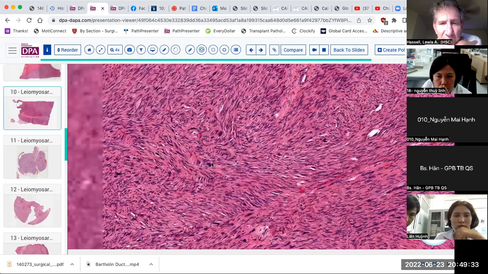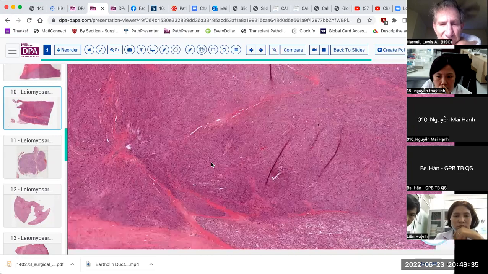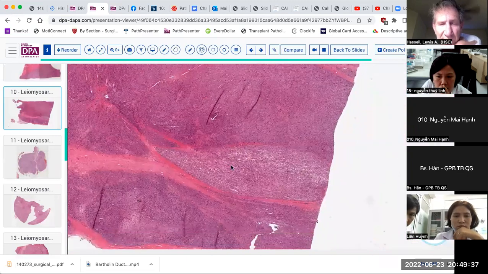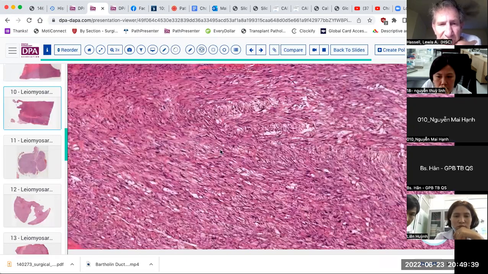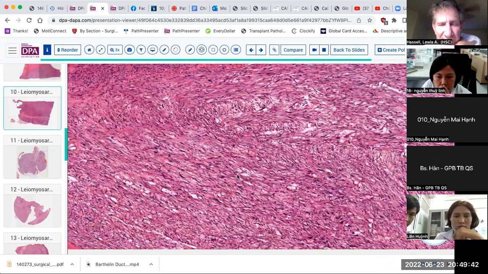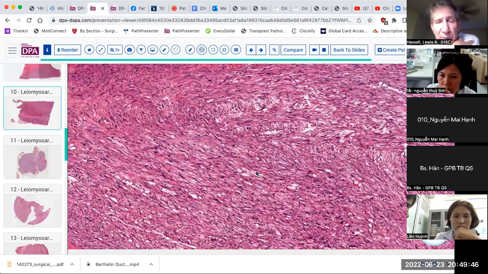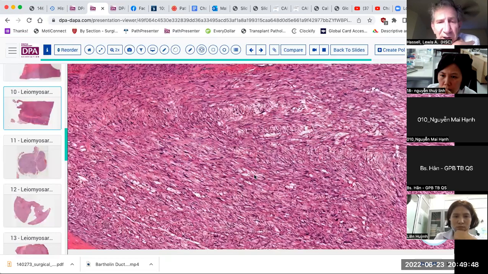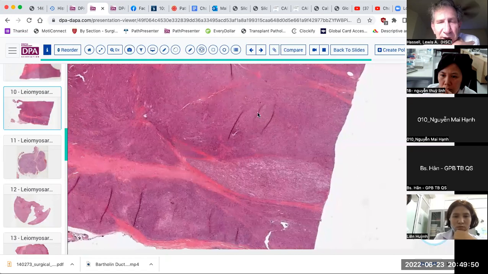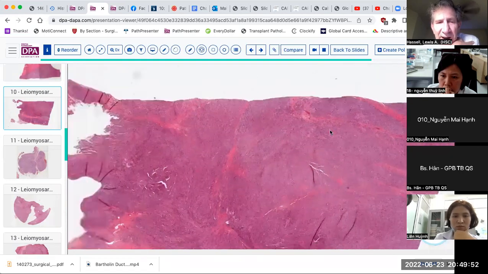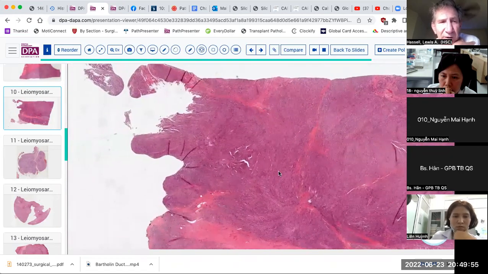So again, we mentioned that you don't have to have all those features. If you don't have necrosis, the cellularity, the mitotic counts, the atypia, those would usually be sufficient, and particularly if you have an aggressive appearance, large size and irregular margin.